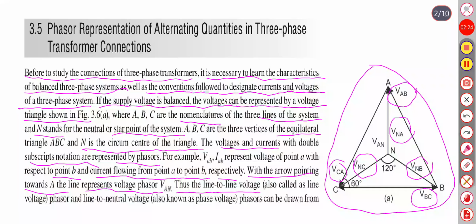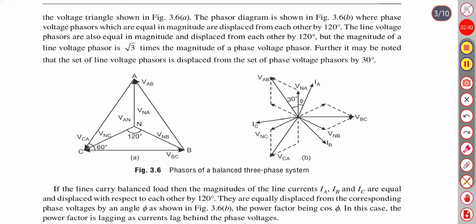Thus line-to-line voltage, also called line voltage phasor, and line-to-neutral voltage, also known as phase voltage phasor, can be drawn from the voltage triangle like this.